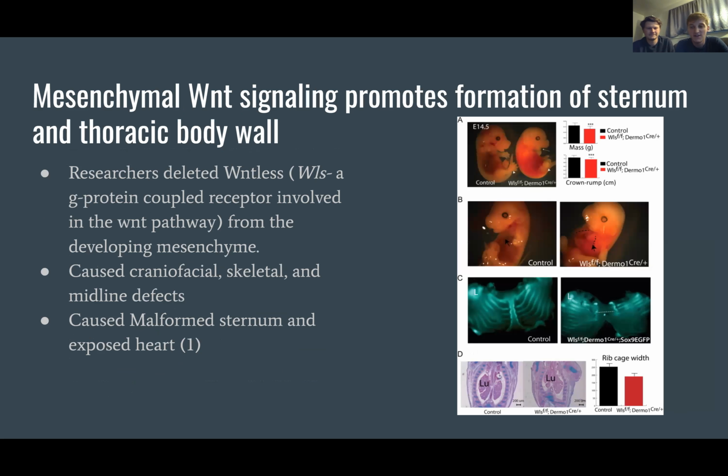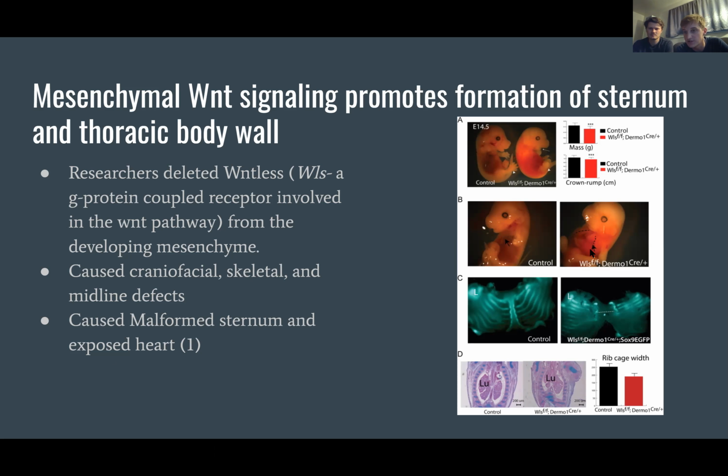Yes, indeed. This is a study that we found that talks about how Wnt signaling is involved in this. The researchers were able to figure this out by removing a gene that coded for something called Wntless. Wntless is a G protein coupled receptor involved in the Wnt pathway, and so they were able to remove this gene and see what happened in the developing embryo. Some of the defects they saw were craniofacial, skeletal, and midline defects, including a malformed sternum and an exposed heart.